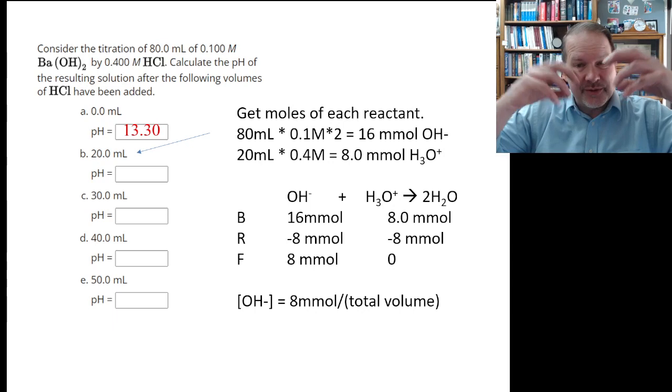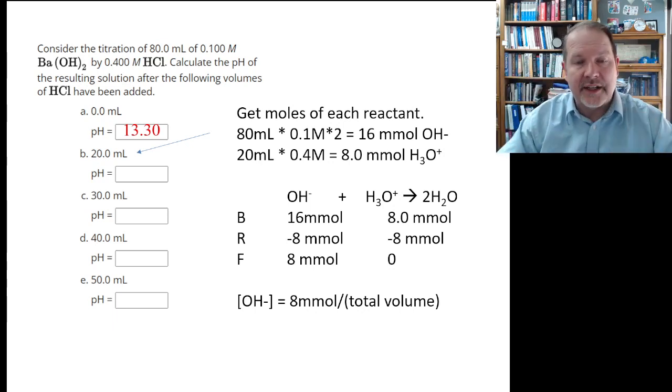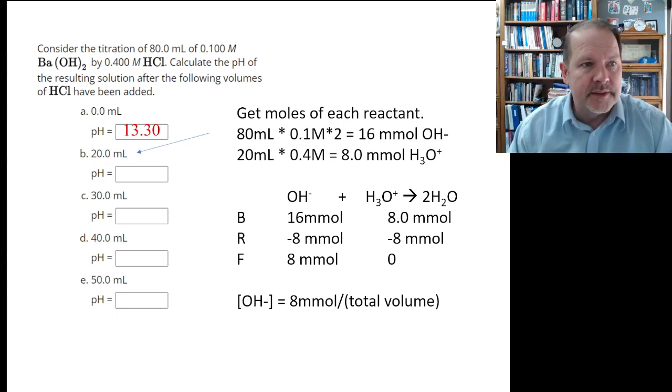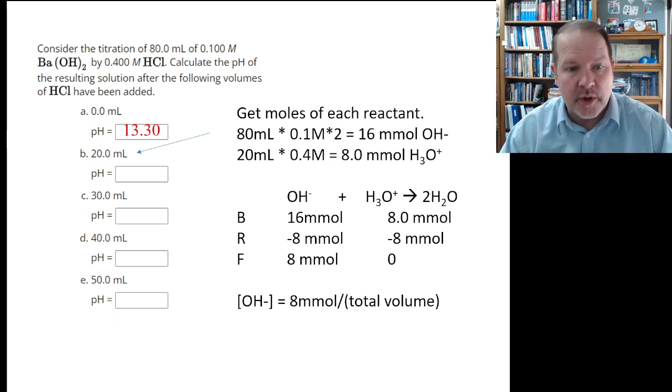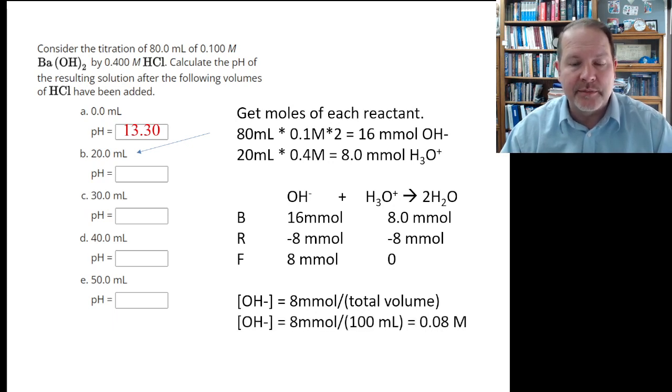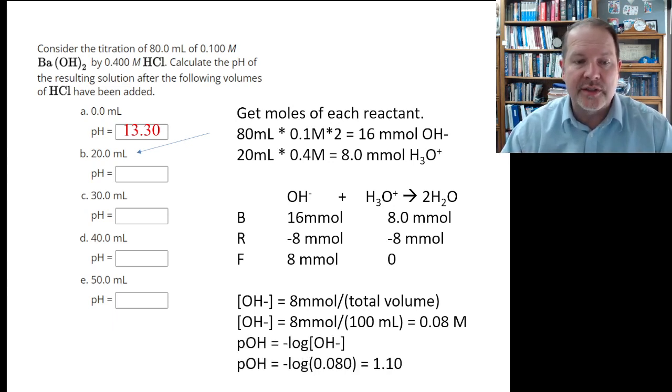But since I'm adding 2 volumes together, I've got to account for the increase in volume. 20 mL of hydrochloric acid and 80 mL of the barium hydroxide. 100 mL altogether. So I'm going to divide by that, and when I do that, I get 0.08 molar. Plug that into the minus log, get the pOH 1.1, subtract from 14 to get pH 12.9.